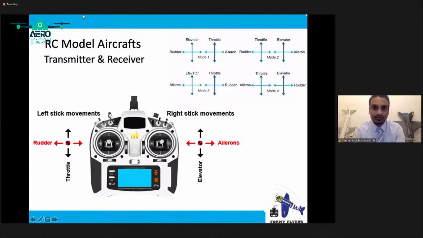As an aircraft has a fuselage to accommodate its components, how can we build a stable foundation for an RC aircraft to be built upon? Right. Now, normally, when you're selecting an airframe, you need to know what the purpose of your aircraft is.